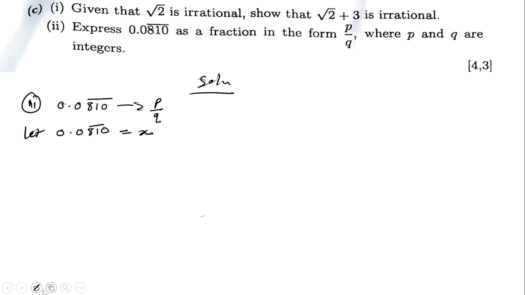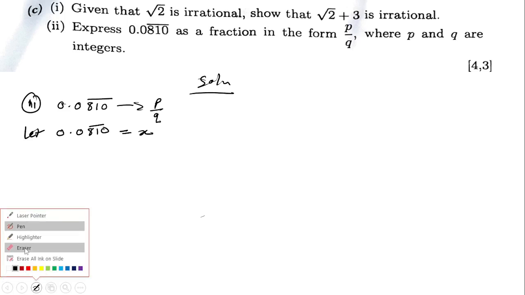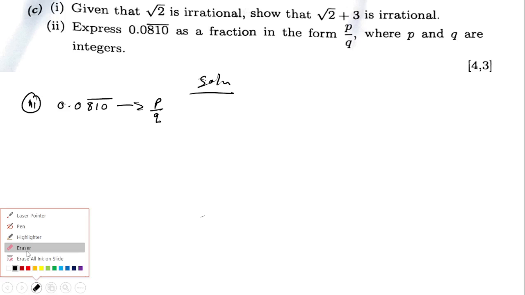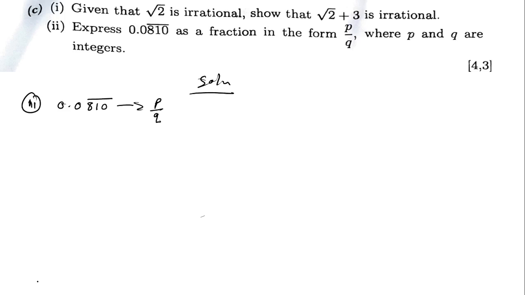I think that's the term you guys are used with, and the words I was using in part 1 of rational numbers. So go and check rational numbers for this question.